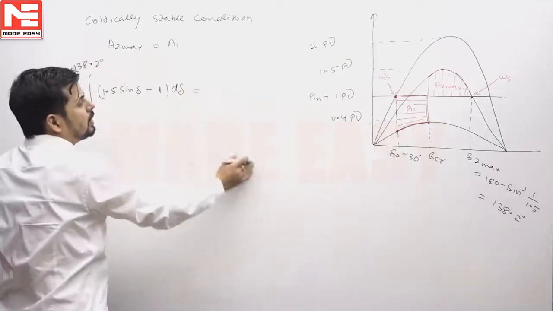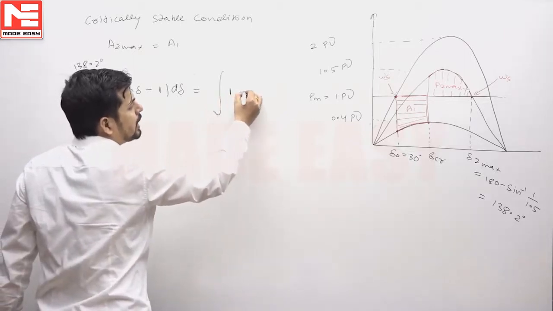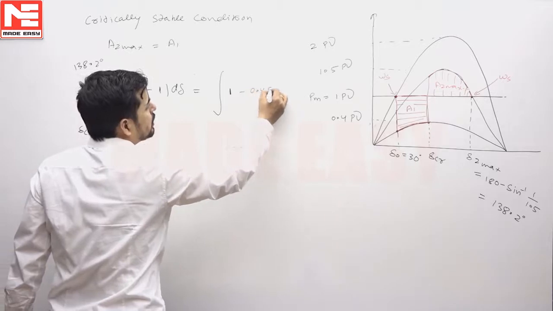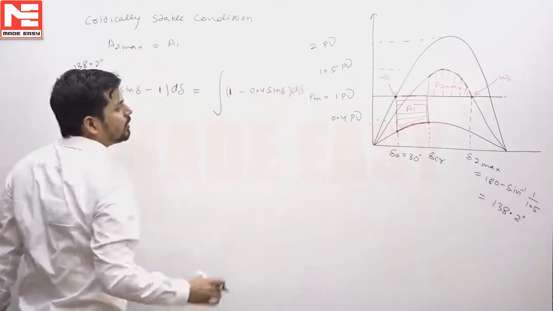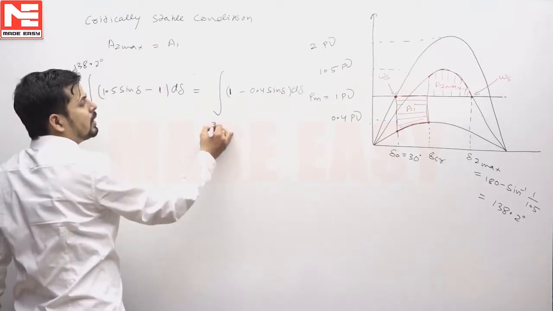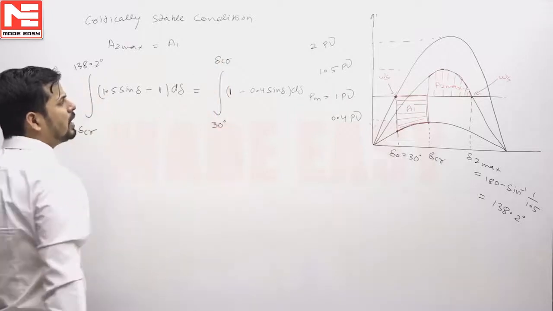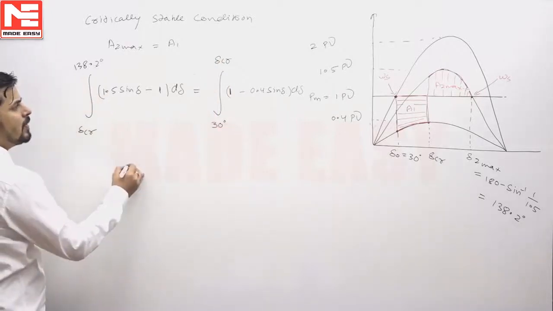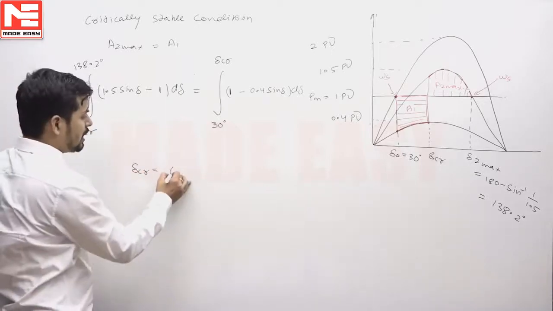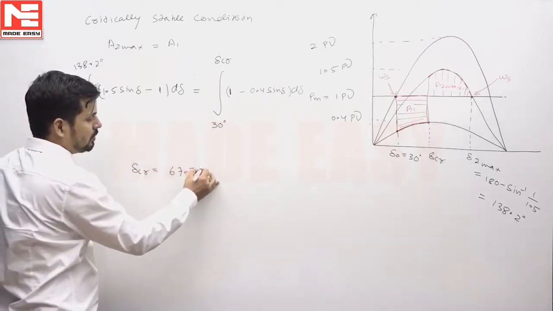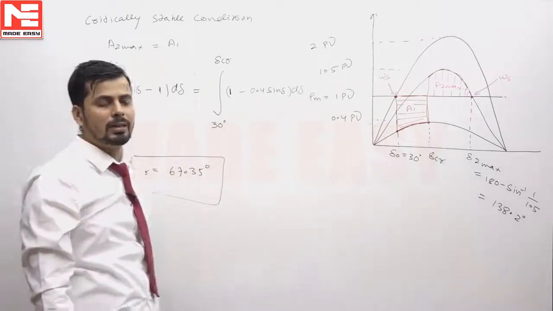To find this area A1 we will integrate PM, which is 1 per unit, minus PE, 0.4 sin delta, d delta, and we will integrate it over angle 30 degree to delta CR. Using this relation we can find the value of delta CR. It will be equal to 67.35 degree. So, this is the critical clearing angle in this problem.